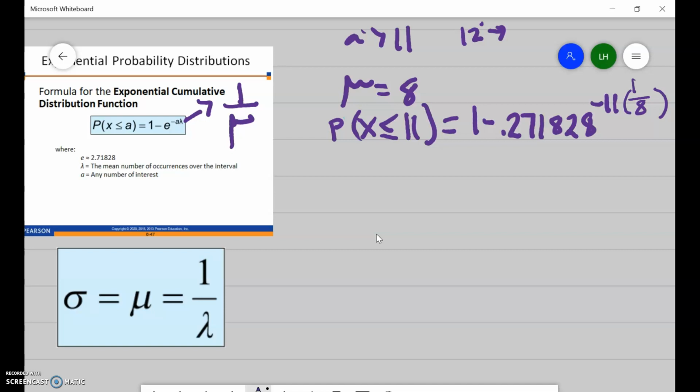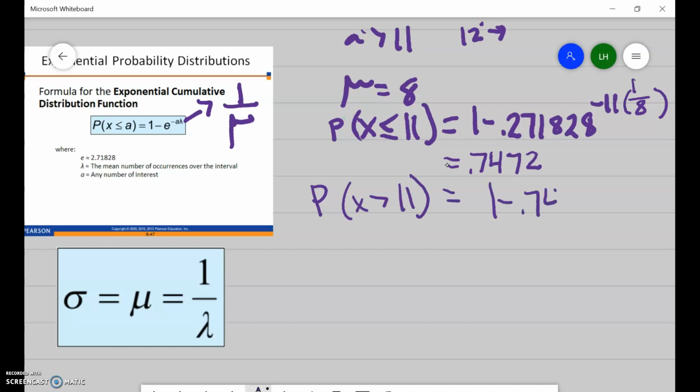So if we put that in our calculator, that's going to give you 0.7472. To find the complement to that, which is what we need, we're going to do 1 minus 0.7472. And so the probability that x is greater than 11 would be 0.2528.